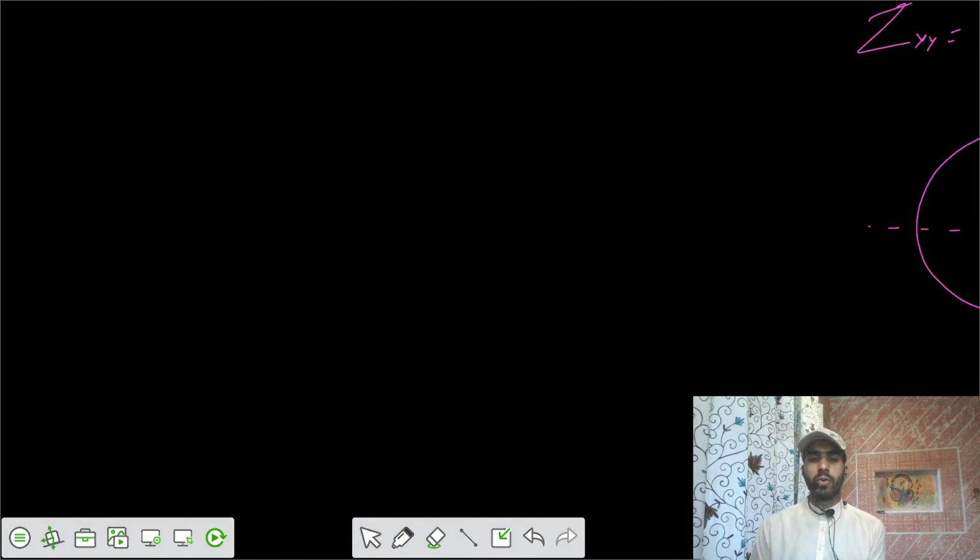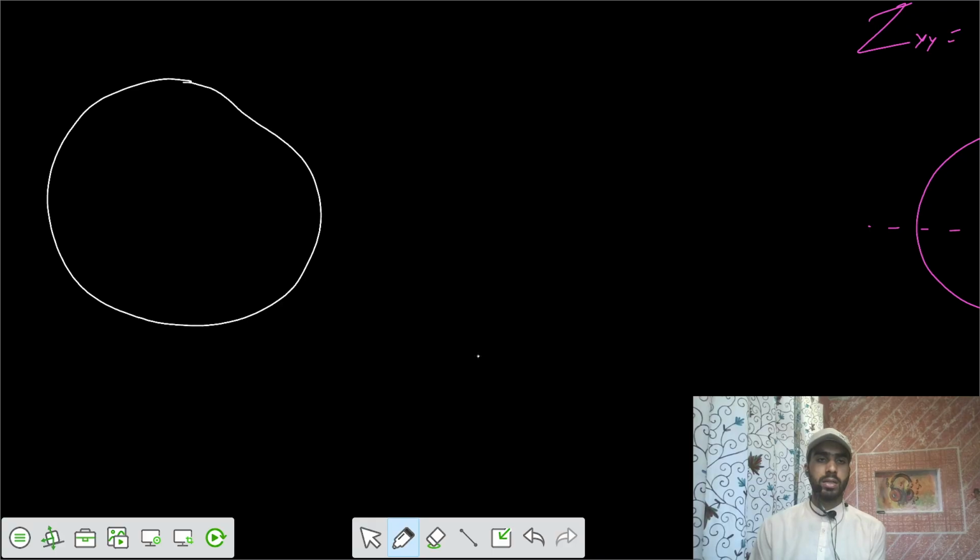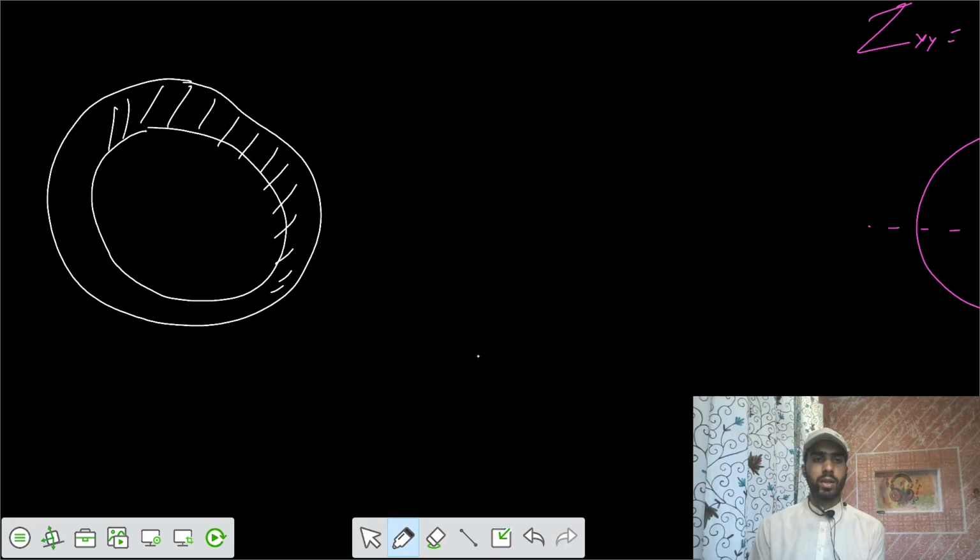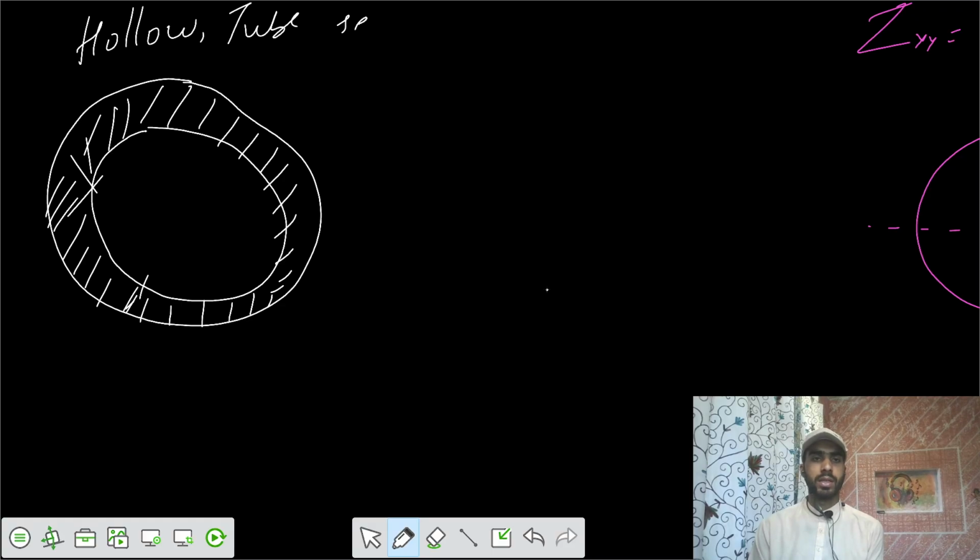Now, if you use a tube section, let's say this is a tube section. So only material available is along this periphery, and in the middle you have a hollow section. So you can call it hollow or tube section.